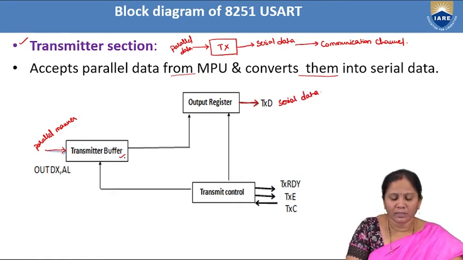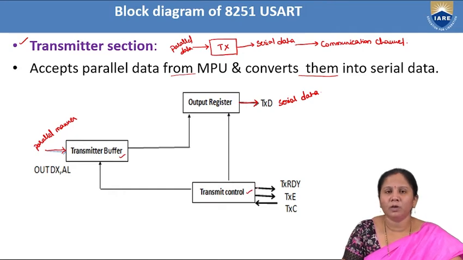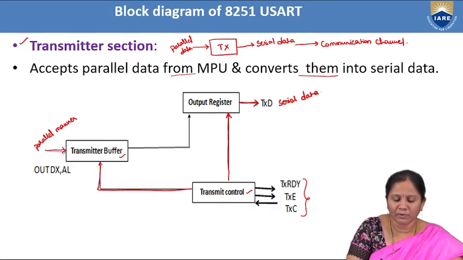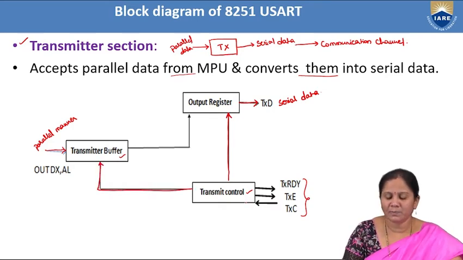Okay, so this transmit control block will have all the control signals. These control signals will be connected to the output register block and also the transmitter buffer block. So this transmit control block will control the transmitter buffer and output register.